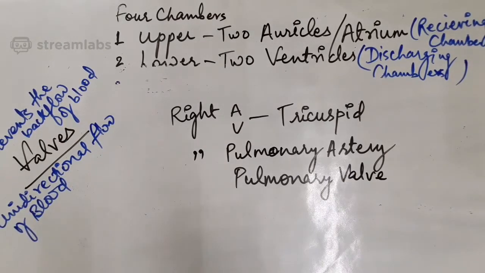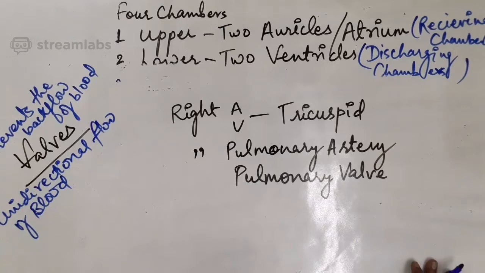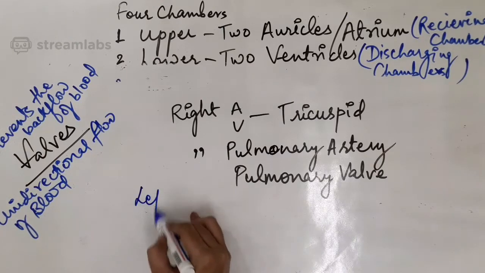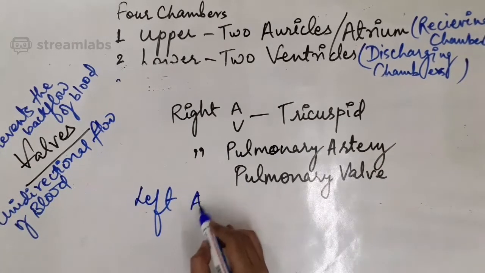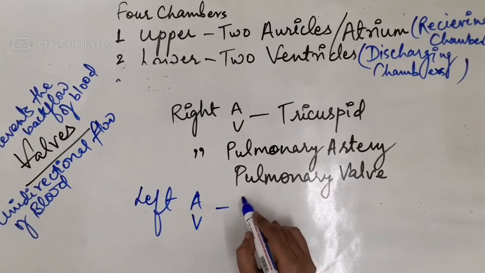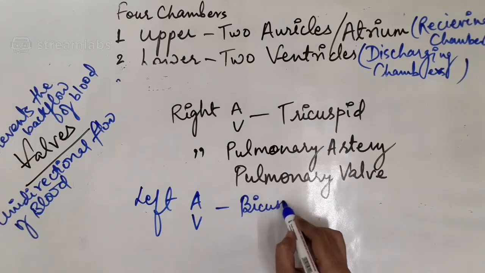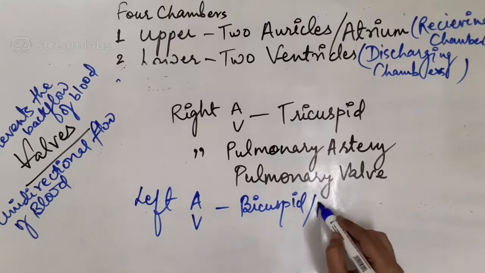On the left side, between the left auricle and left ventricle, is the bicuspid or mitral valve.